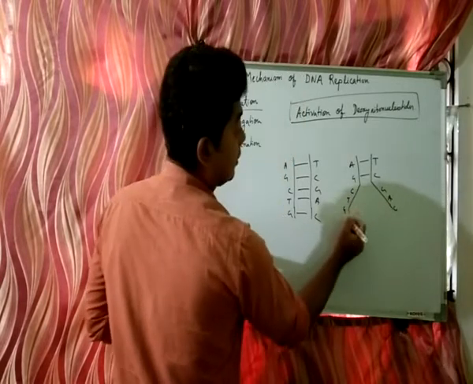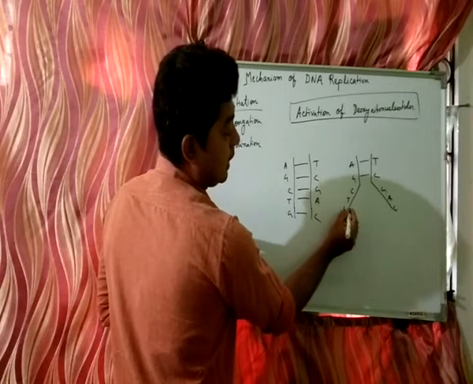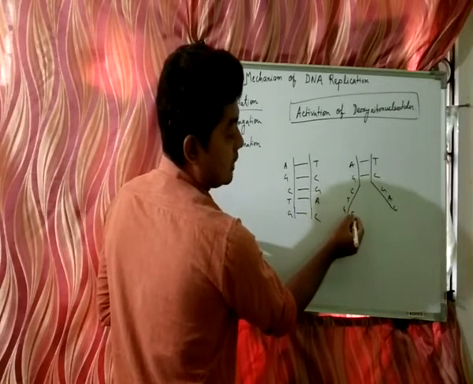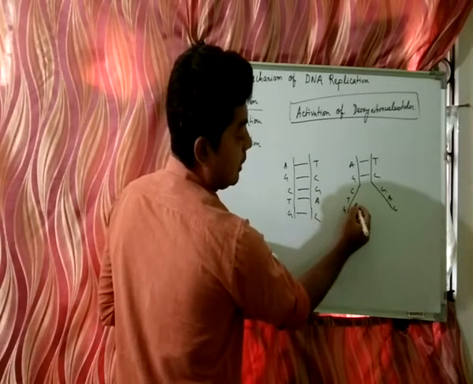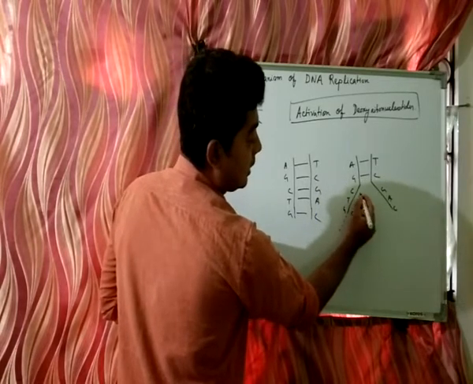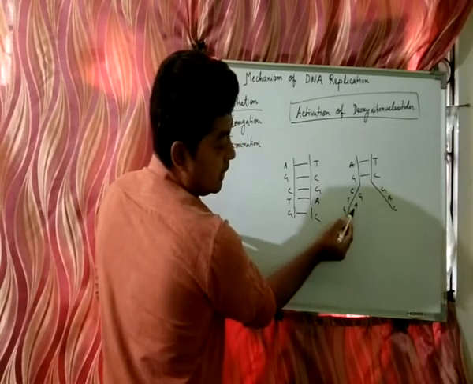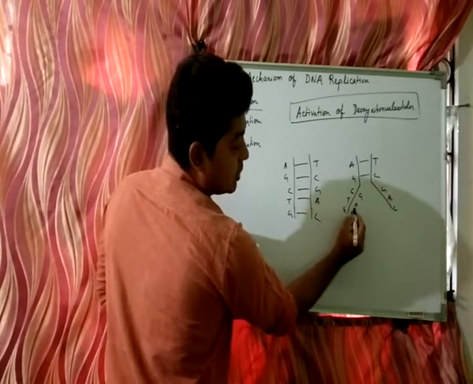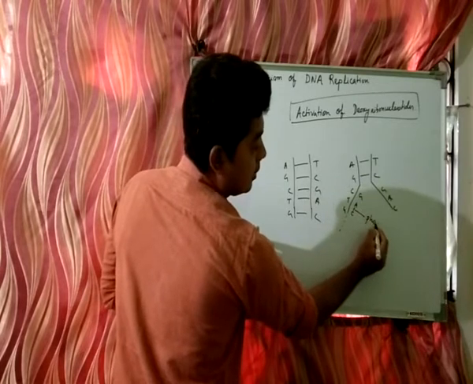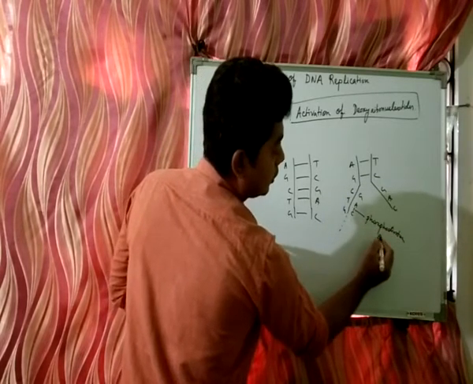Now suppose DNA synthesis occurs. If guanine is there, then it will join cytosine. If thymine is there, it will join adenine. If cytosine, it will join guanine. So between adenine and cytosine, what bond is present? That is called a phosphodiester bond.